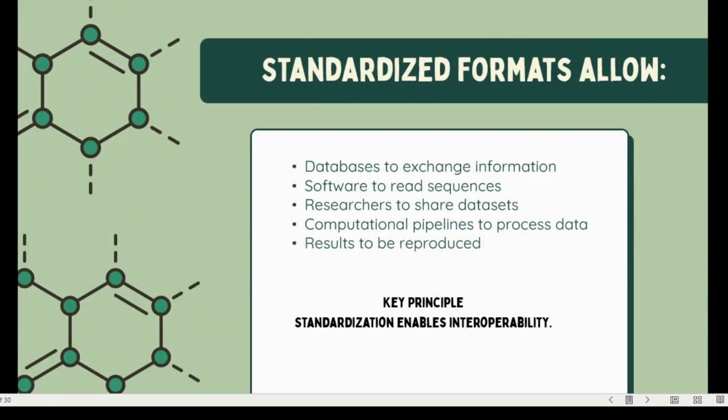Standardized formats allow databases to exchange information. Believe me, all the databases that we have visited, and the many we have not visited, are sharing information between them. So the standardized format allows databases to exchange information, software to read the sequences, researchers to share data sets, computational pipelines to process the data, and results to be reproduced.